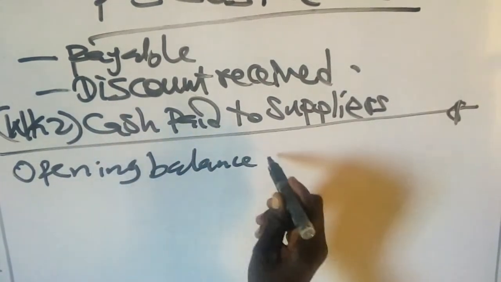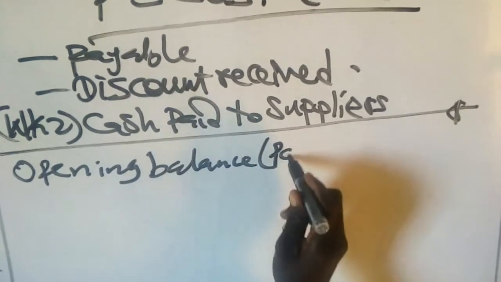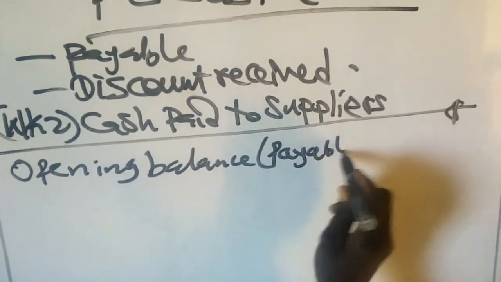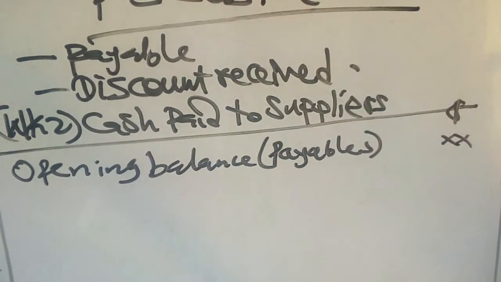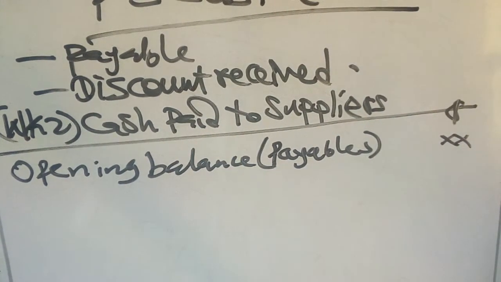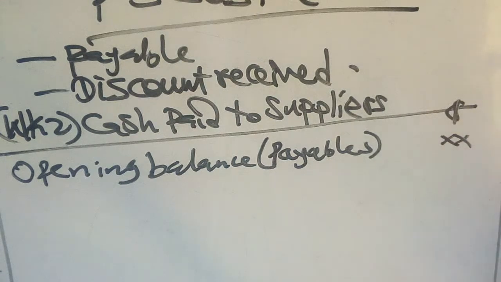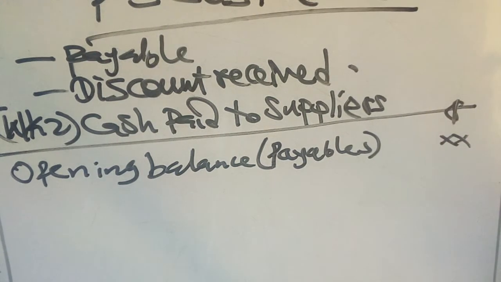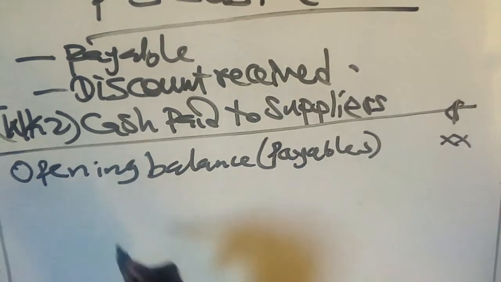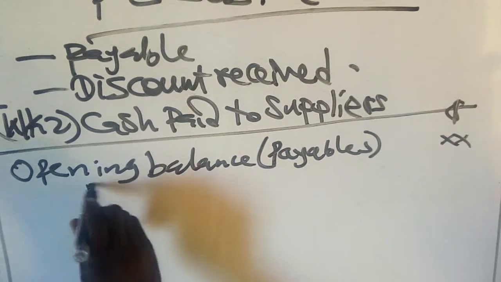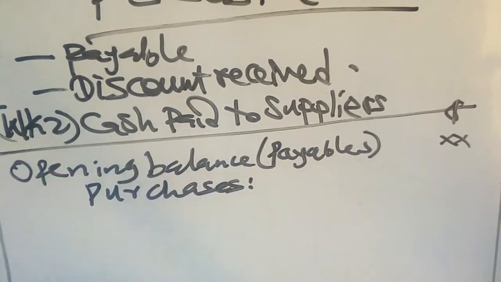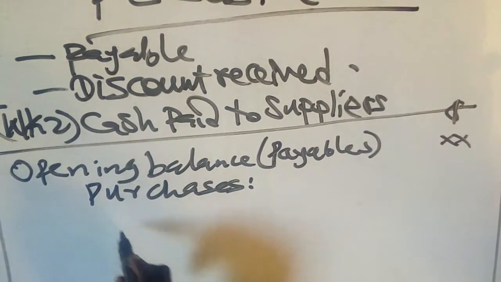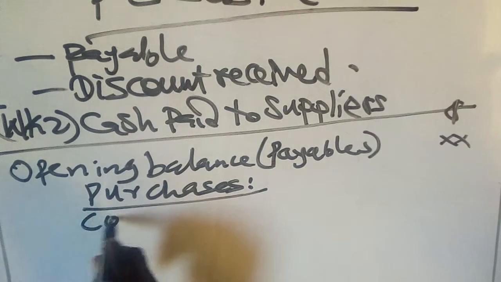The opening balance this time around is not receivable but payables, and your opening balance of payables will be found under current liability in the statement of financial position. Then plus purchases. You want to add your purchases, but remember I've told you that your purchases will not be given directly. To get your purchases, I said you take your cost of sales.